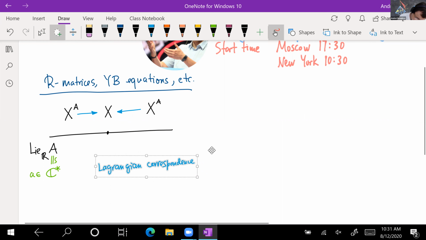And then what is the main, kind of one and only statement about this? This theorem is known as the triangle lemma.